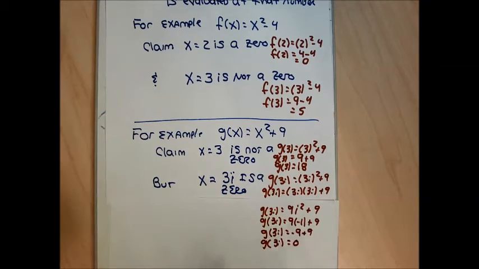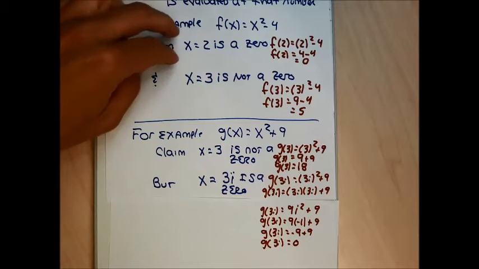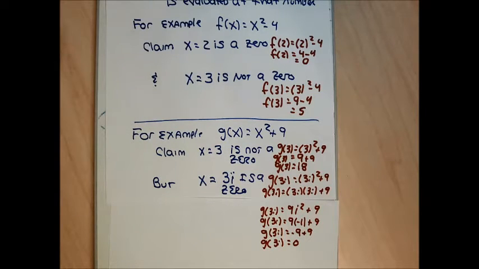So a zero of a polynomial could be a real number, it could be an imaginary number. It's just any number that you evaluate the polynomial at for x that gives you a zero. There are a couple of things about zeros that we should be aware of.